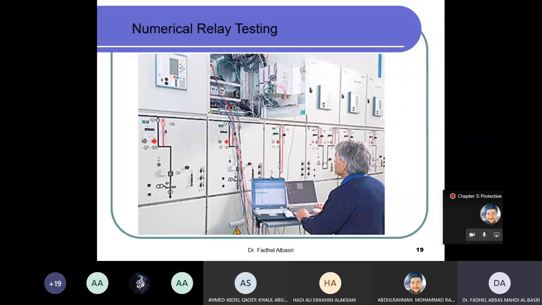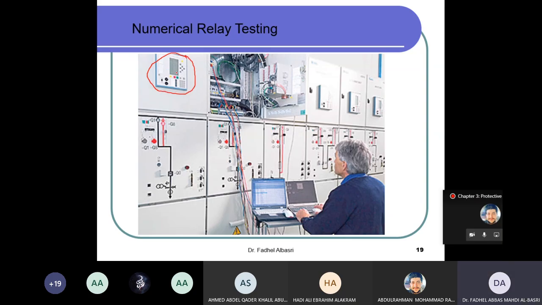This is how we carry out the testing. You just need a laptop with a preset, programmed set of testing scenarios that you want to check, and you connect it to a relay panel. This is the numerical relay on the panel.